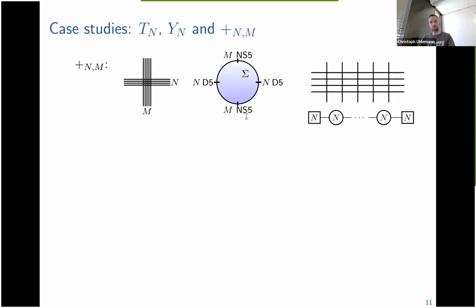And I will leave it at the schematic form of the solution and not bother you with big expressions for the explicit geometry. The gauge theory deformation we also already discussed is a linear quiver where we have SU(N) gauge nodes terminated by flavors at both ends, and otherwise same rank for all gauge nodes.